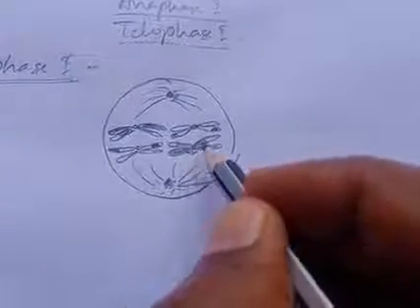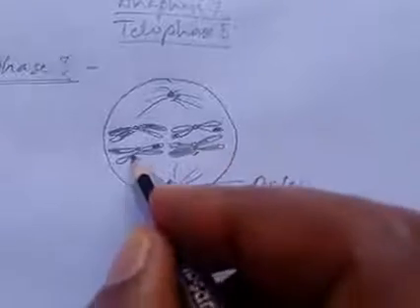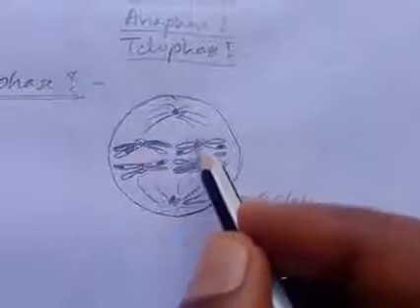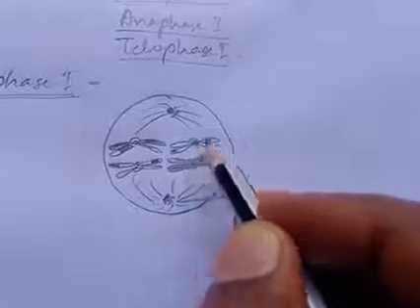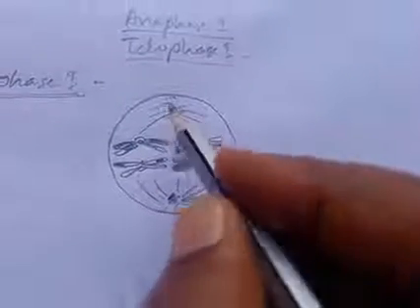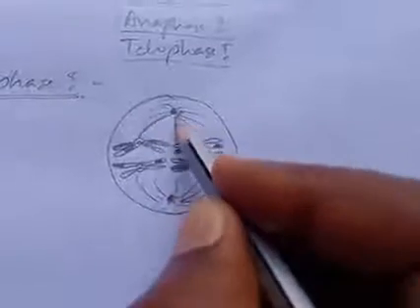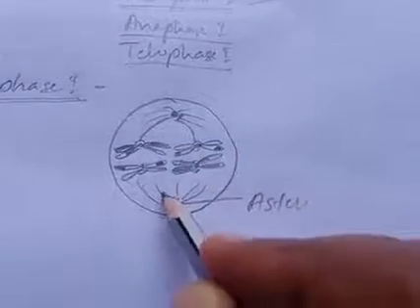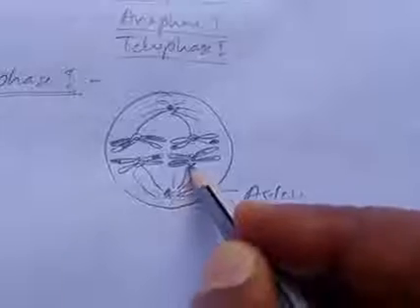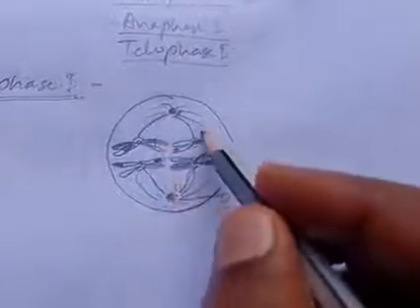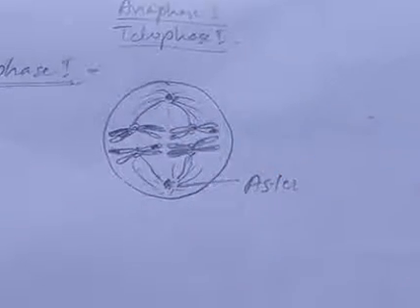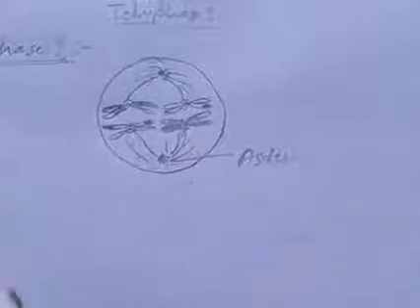Actually here you can show the kinetochore, which is present at the centromere. Spindle fibers are attached to the kinetochore like this from the opposite asters, right? So this is the spindle fiber attachment.